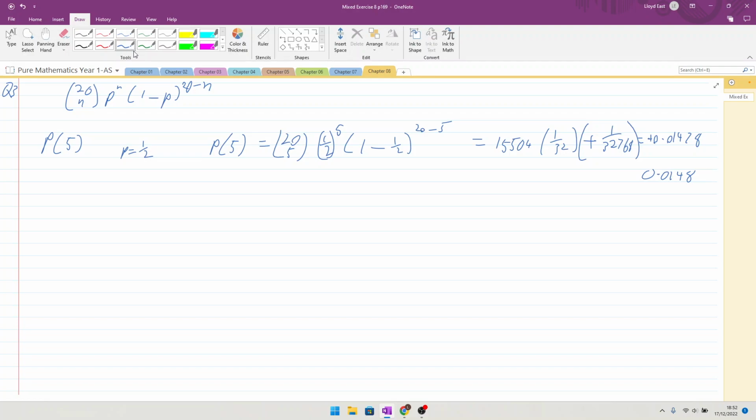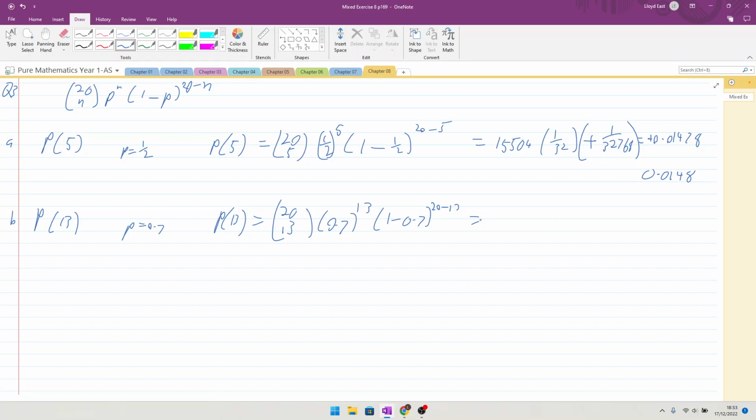Same again for part B. So the probability of 13 people winning, probability of one person winning is 0.7. So 20C13, 0.7 to the power of 13, and 1 minus 0.7 to the power of 20 minus 13.